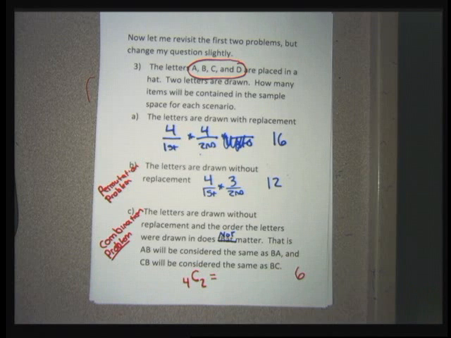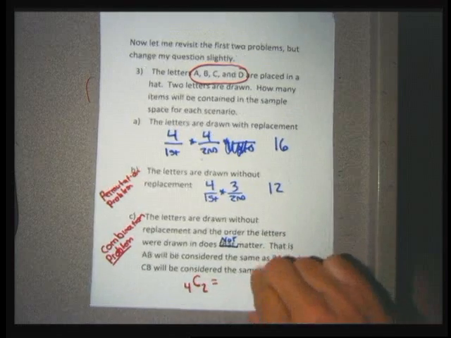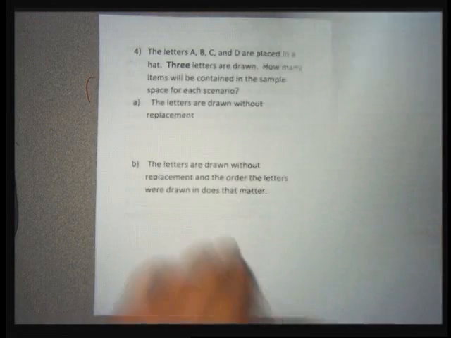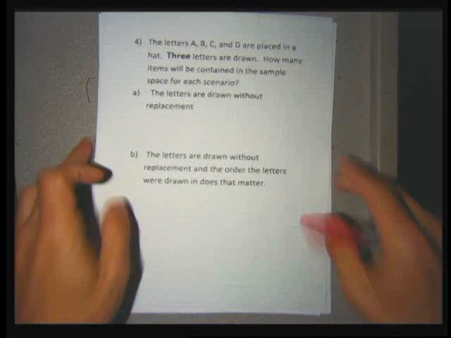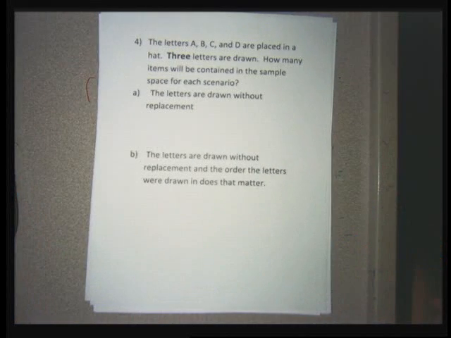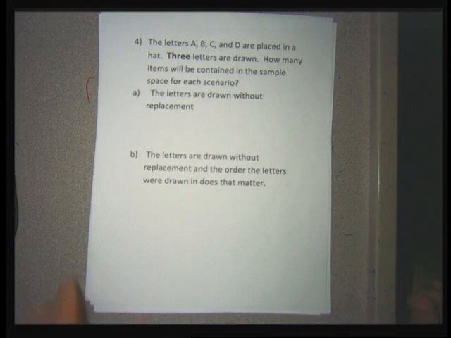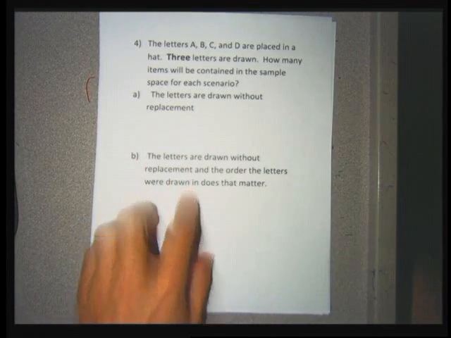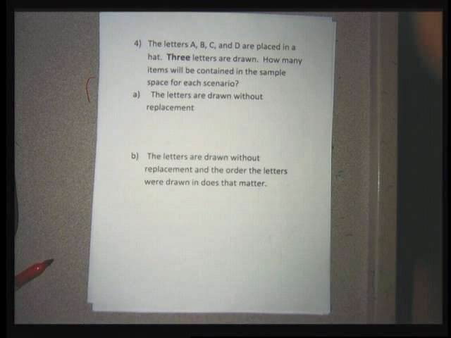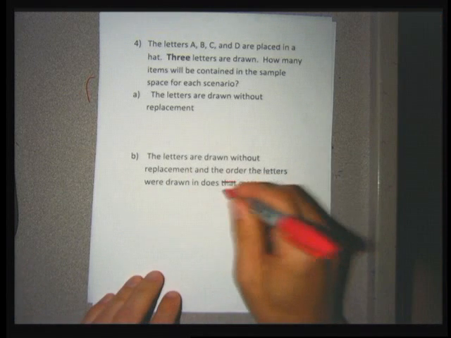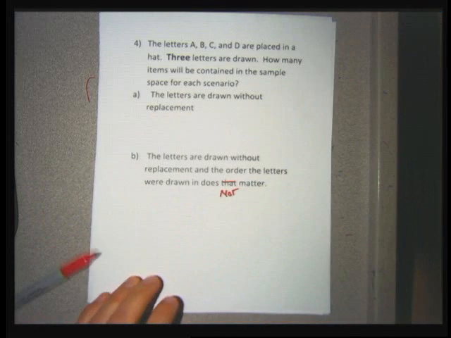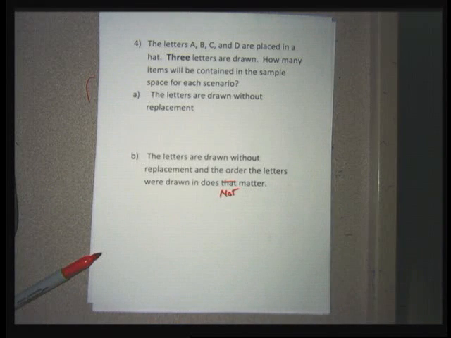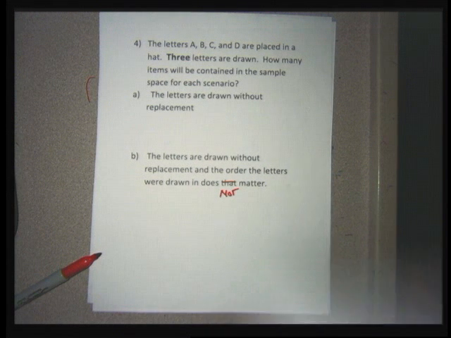Okay, so now I'm going to answer the questions of how many that relate to the second problem we did. The second problem, we took the letters A, B, C, and D, picked out 3, and we did the letters without replacement, and then without replacement where the order of the letters does not matter. And if I want to refer back to my sample spaces, I can get the answer of how many by just looking at my sample space.